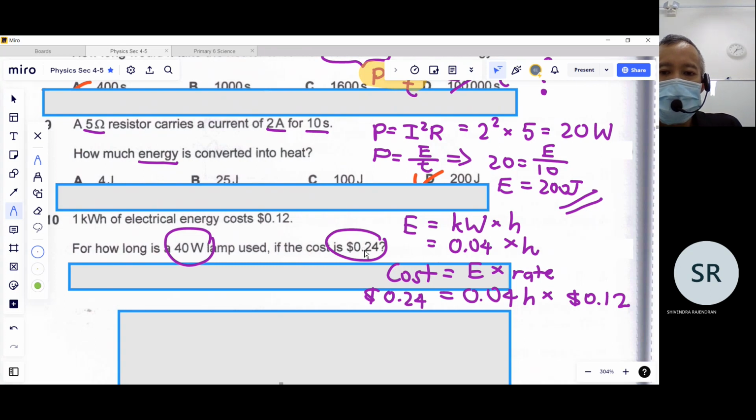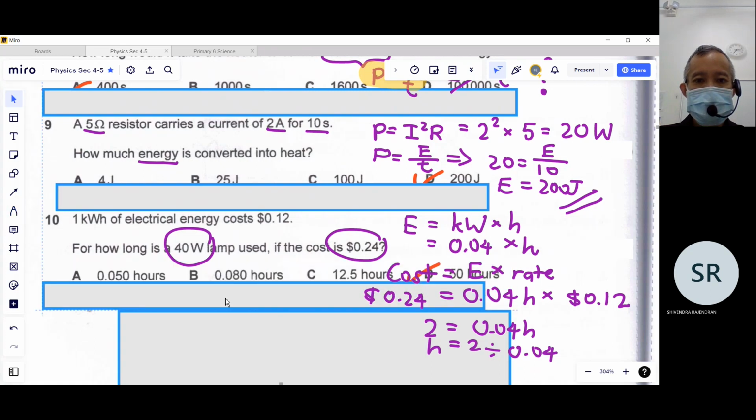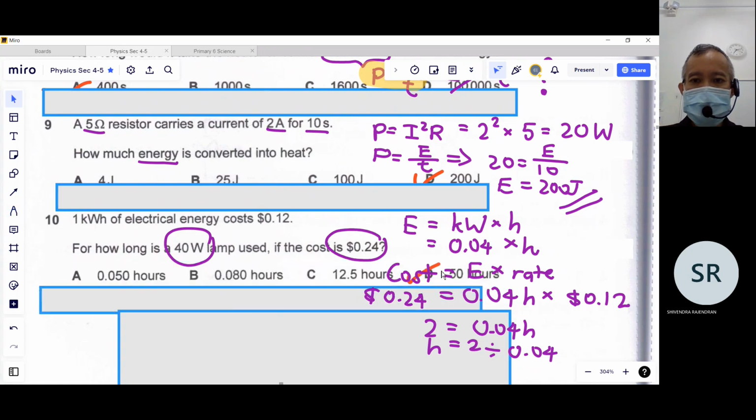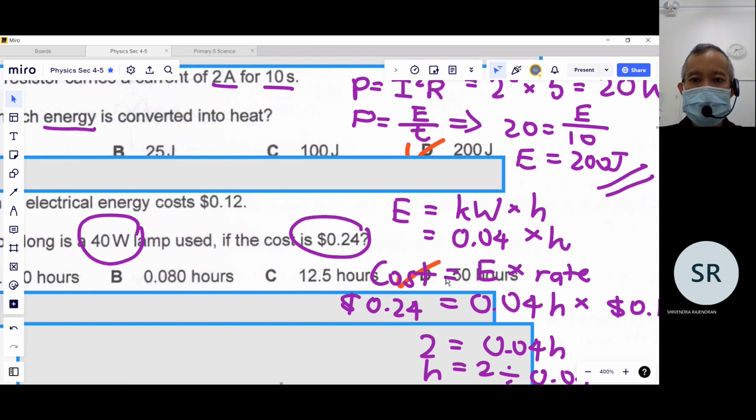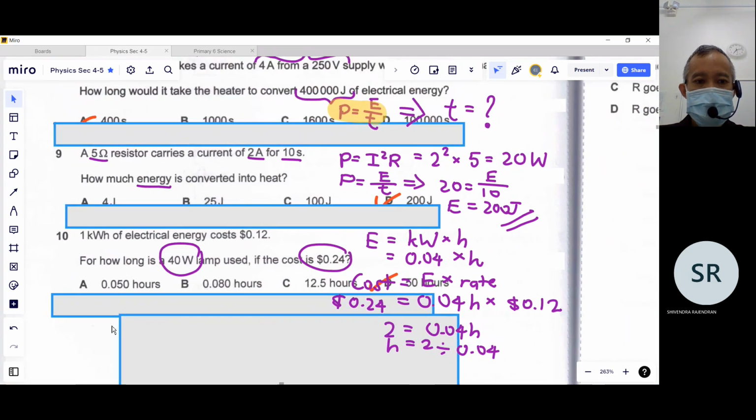All right, so immediately you can find out 24 equals 12 times 0.04 times H. Find out what H, the number of hours, is. So it's basically 24 divided by 0.48, and you should have your answer. 50 hours.